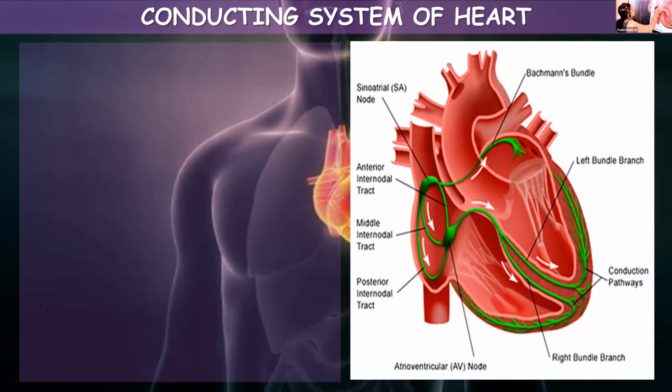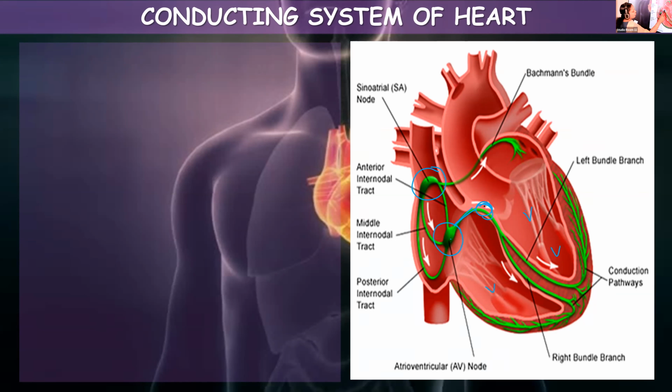So this one is the SAN, this is the AVN, and a bundle of fibers will be arising from which one? The AVN, and this bundle is known as the AV bundle. They will pass through the atrioventricular septum, and where it emerges, this is the interventricular septum because it is dividing the ventricles.